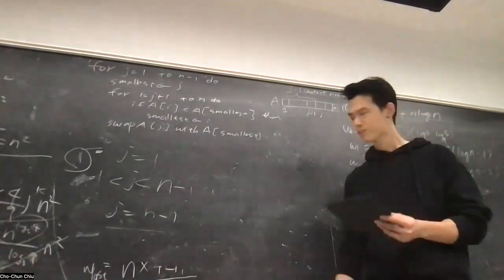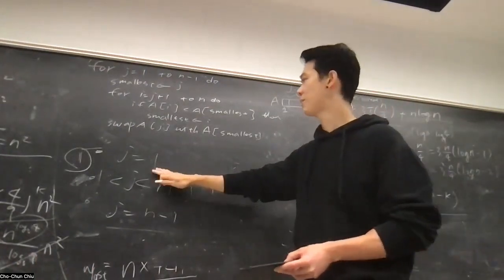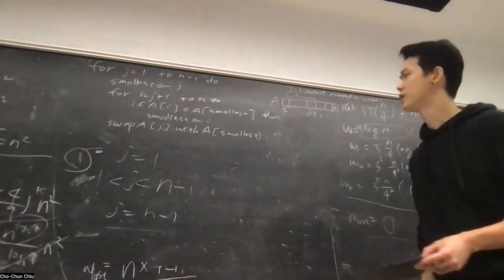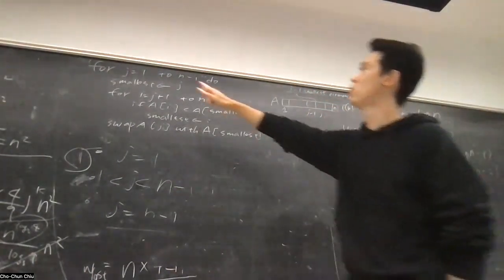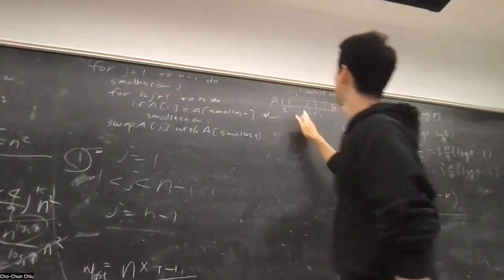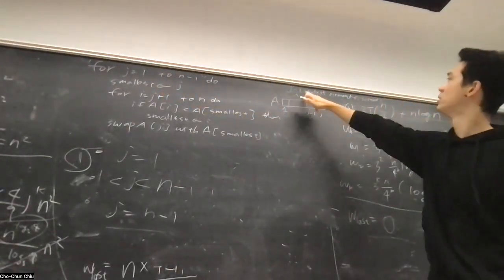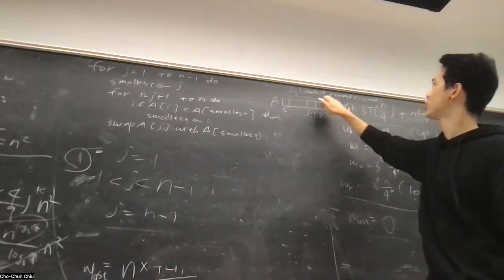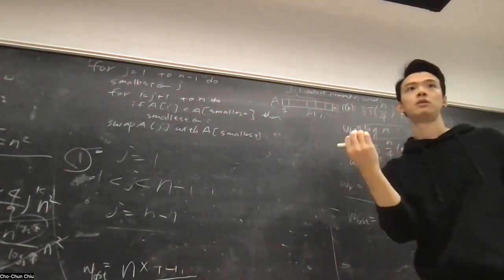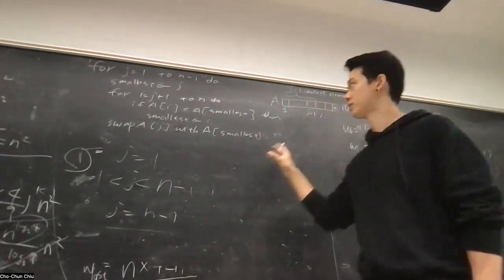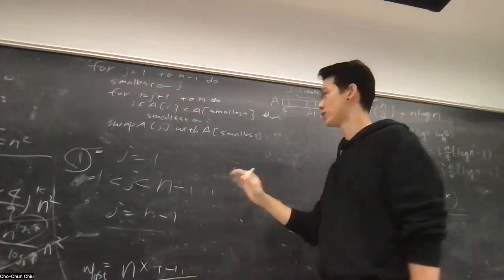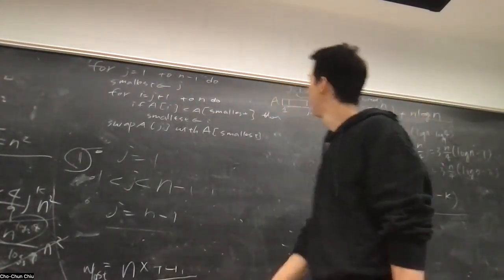So first, what happened when j is equal to one? We have zero smallest elements, so it means nothing. Okay, so the first case is okay.